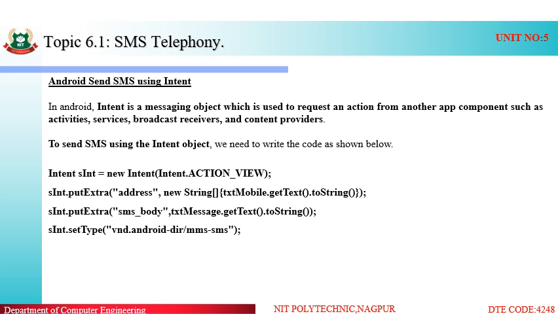Basically we are using this for a simple text message, so we specify vnd.android-dir/mms-sms.